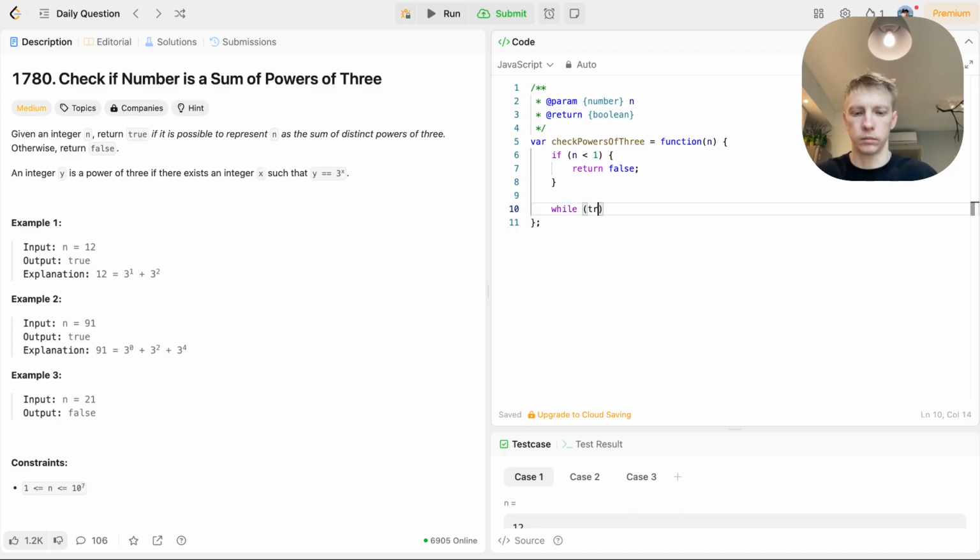Let's start with that. While true, max power is 0.